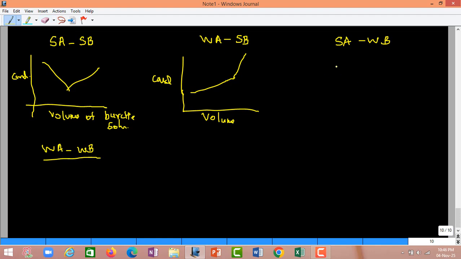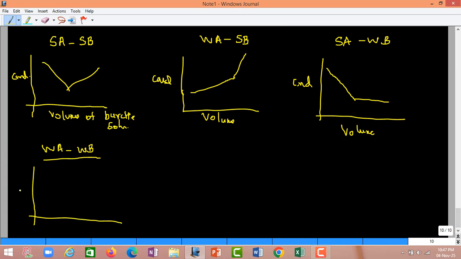For strong acid, weak base, if you plot the conductance on the y-axis and volume of the weak base on the x-axis, first the conductance decreases and after that it remains constant due to the presence of excess weak base. If you take the case of weak acid, weak base titration, you take the volume of the weak base on the x-axis, conductance on the y-axis.